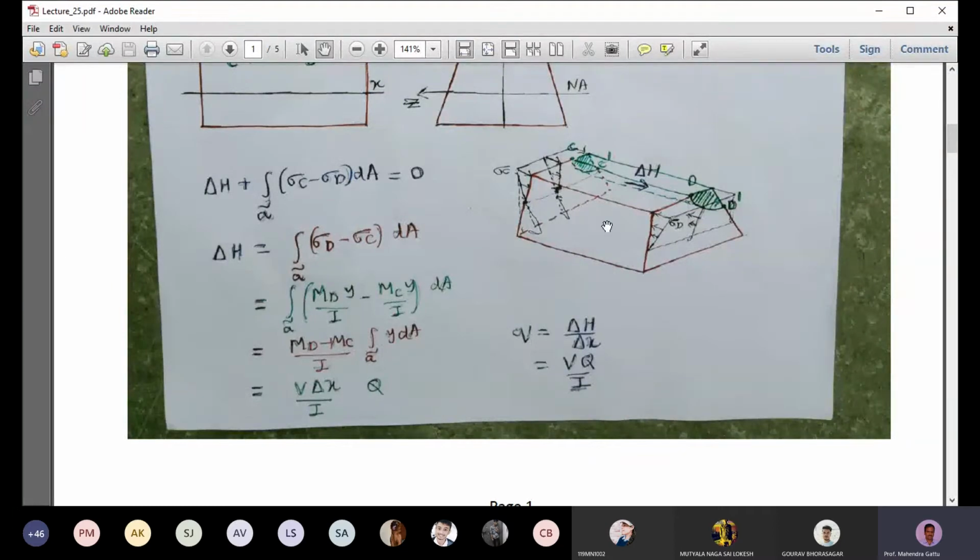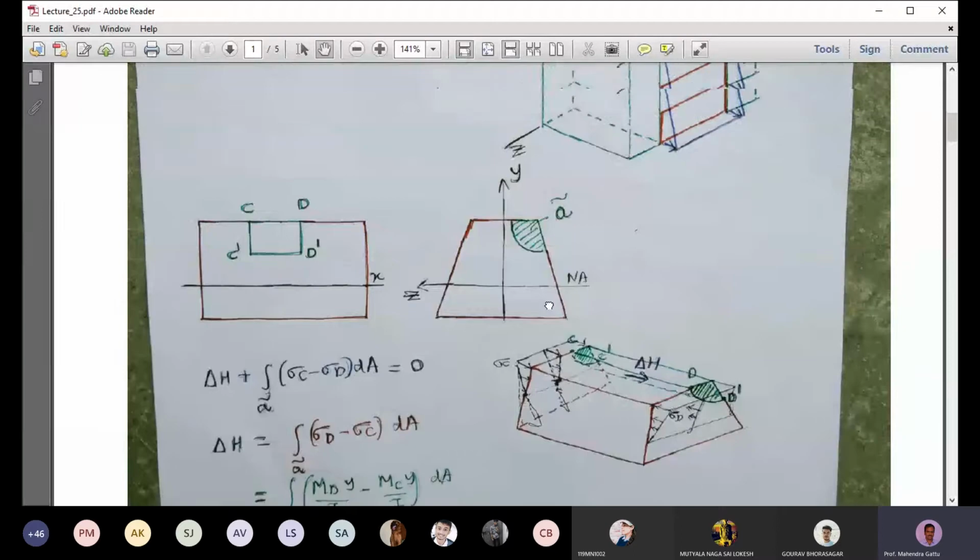So for this problem, we can find what is the shear flow. What is shear flow? It is shear per unit length. So delta H, and let's take this length as delta x, the distance between the two segments. So q will be delta H by delta x, and we get VQ by I. So again, we're getting a similar formula for the shear flow.